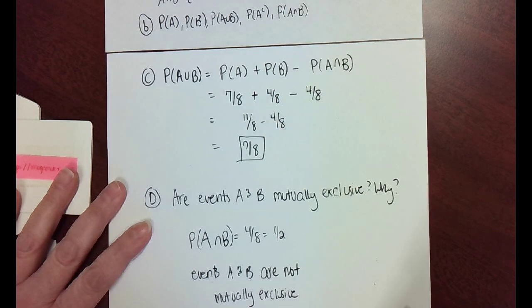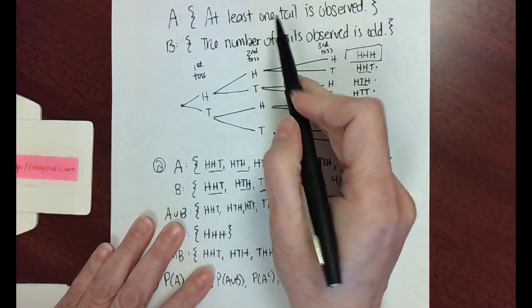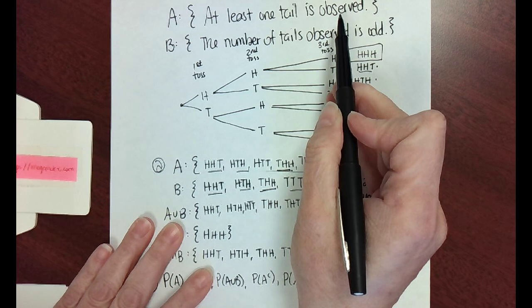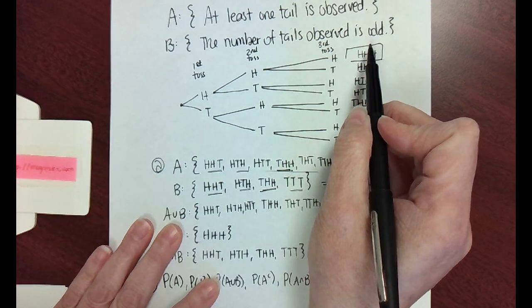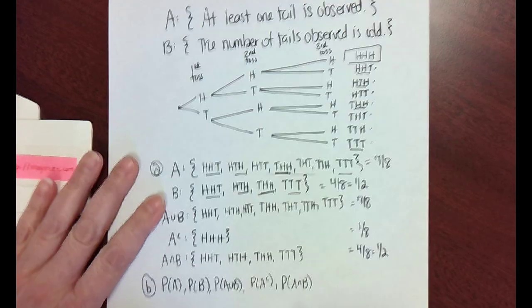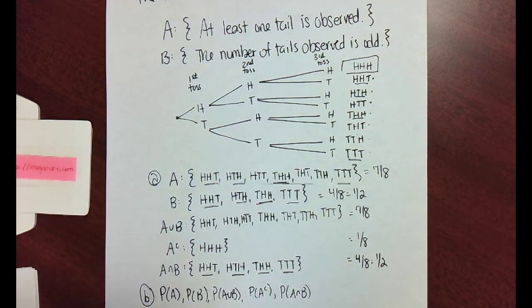What that really means is that A and B can actually both happen. You can have situations where at least one tail is observed and the number of tails observed is odd, because we had 4 situations where we either had 1 tail or 3 tails, which satisfies both of those conditions.